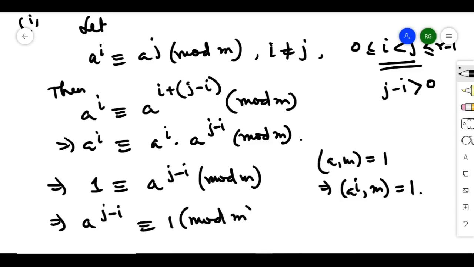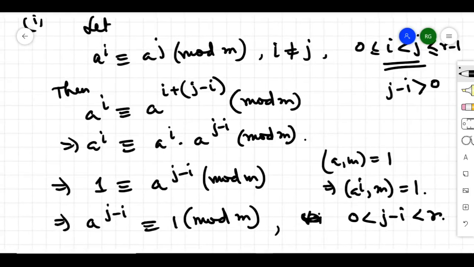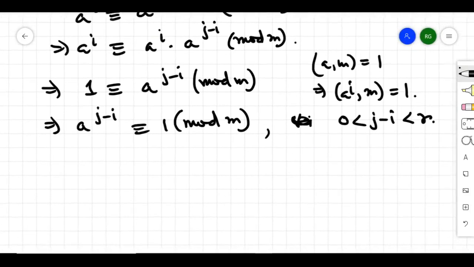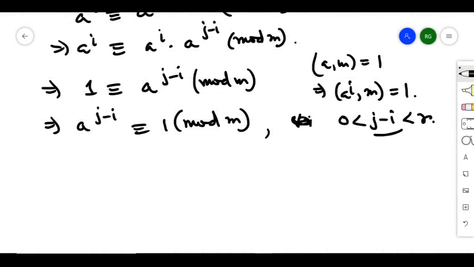And here j is strictly greater than i, meaning that j minus i is positive and less than r. So we have by our assumption that r is the least positive integer for which a to the power r is congruent to 1 mod m. But here we have got an integer less than r, it is j minus i, such that a to the power j minus i is congruent to 1 mod m. So this gives a contradiction. Why is it so?